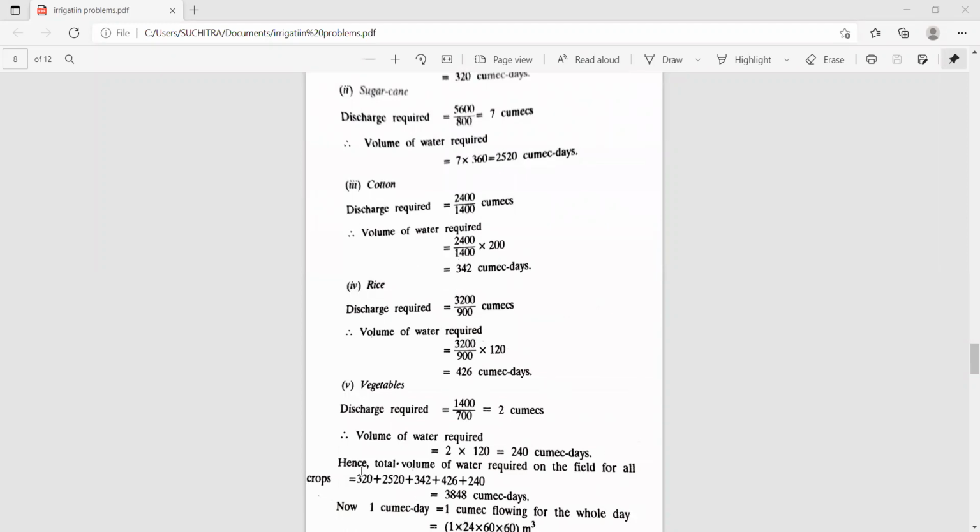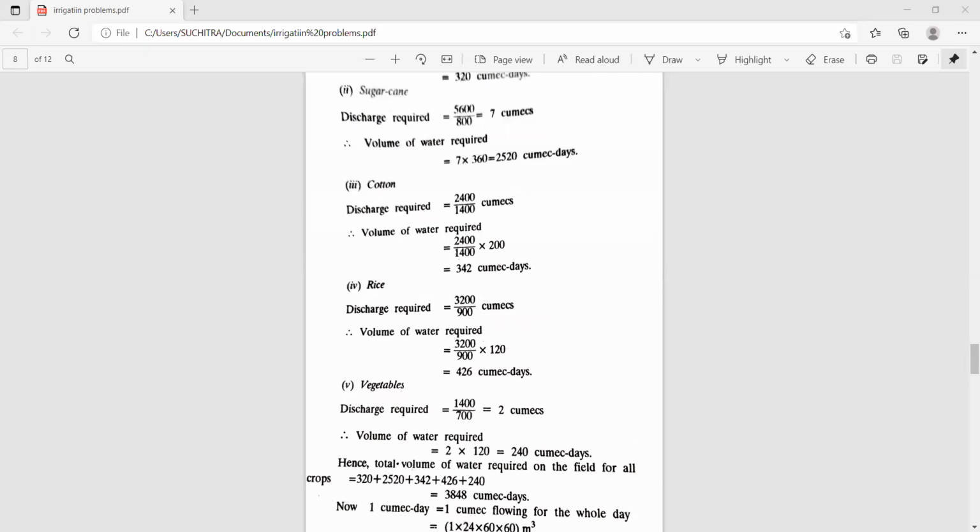Now, the total volume of water required on the field for all the crops: add all these values, and the total is about 3,848 cumec-days. We know the definition that 1 cumec-day is 1 cumec of water flowing for the entire day.